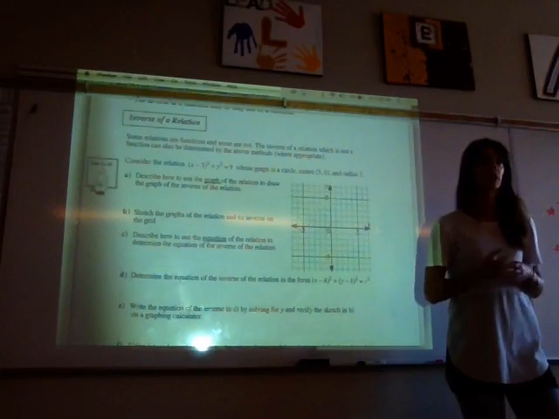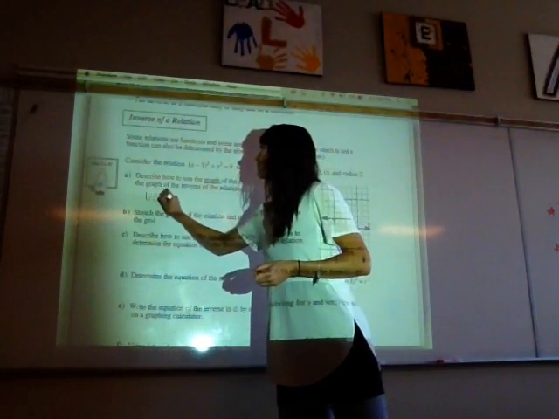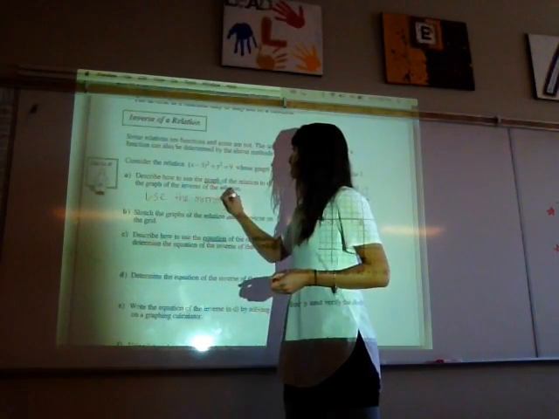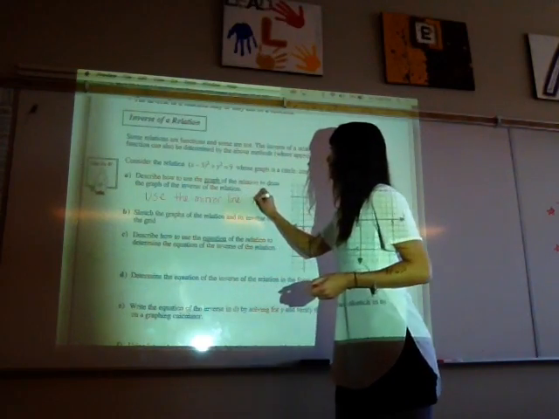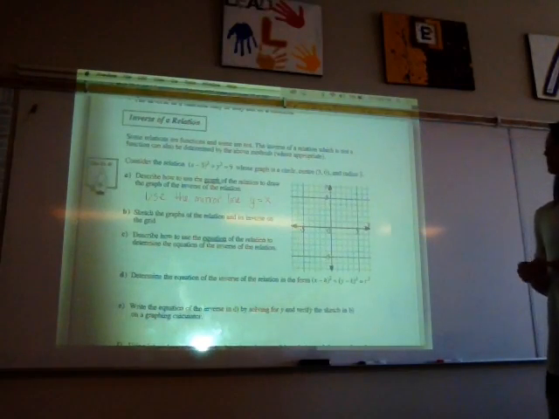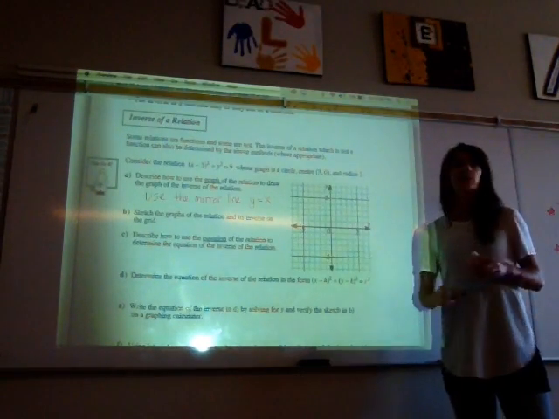So you guys mentioned it earlier, we would use the mirror line. So use the equation of the mirror line, y equals x. What we're going to do is sketch the original graph.